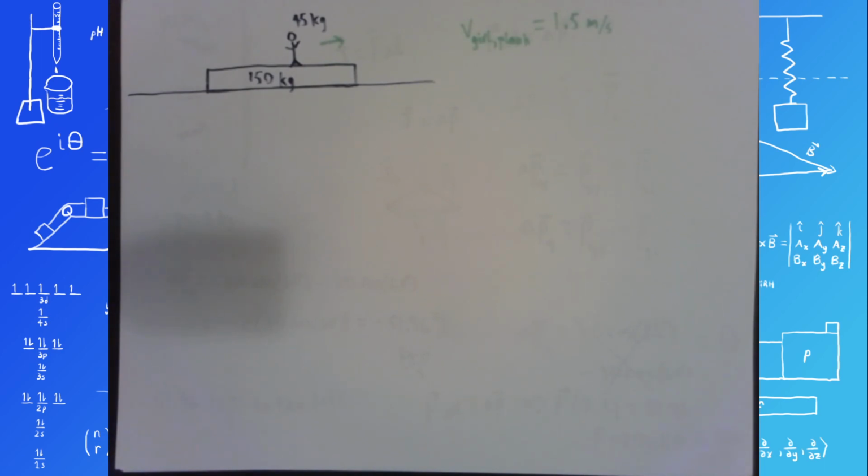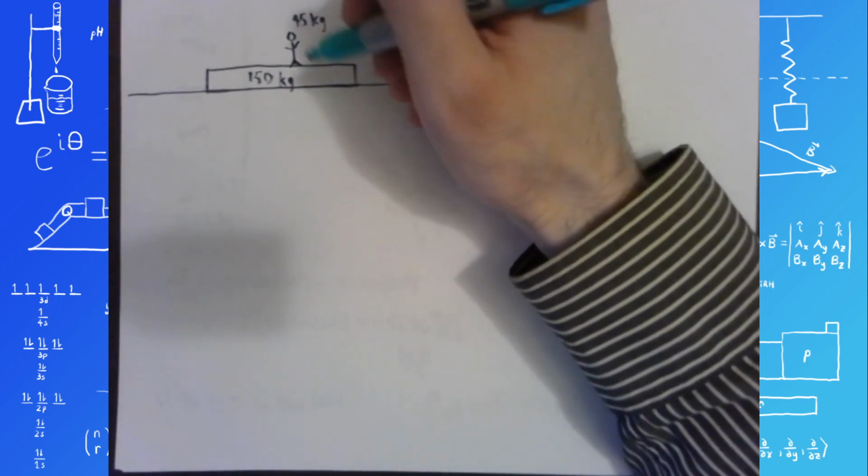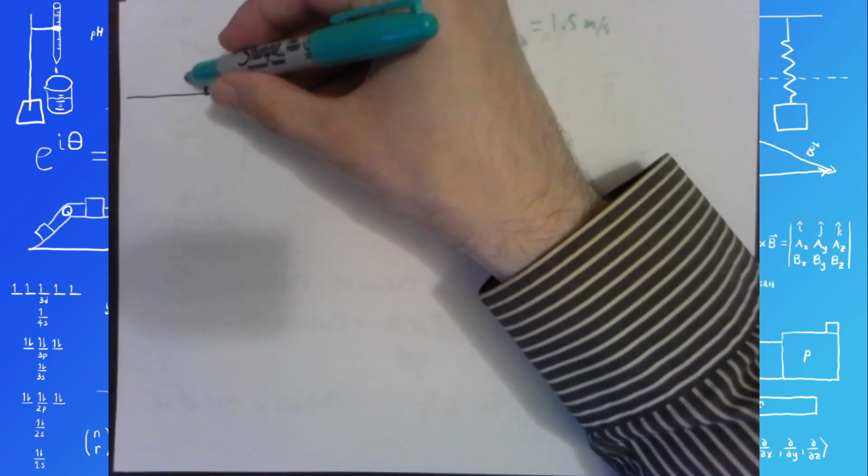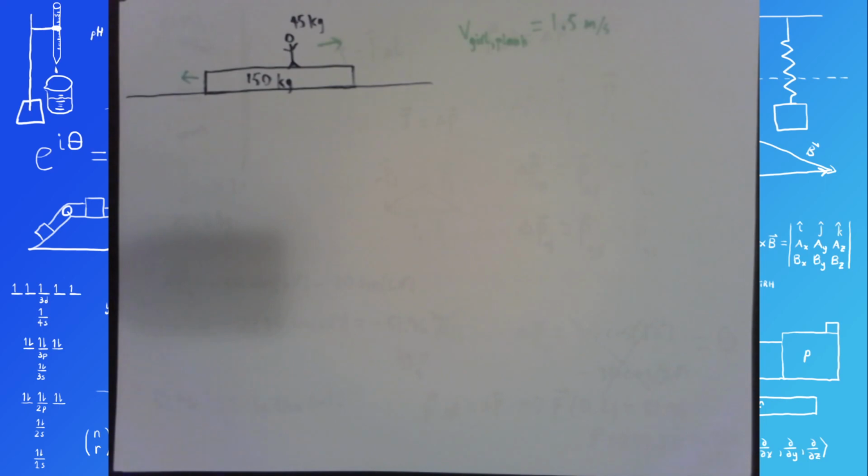The plank being heavier doesn't get pushed back with as much acceleration as the girl gets pushed forward, but they are equal forces acting on both objects. So the plank will actually start moving to the left, at least from the perspective of the ground, the ice. And that's what we're trying to find.